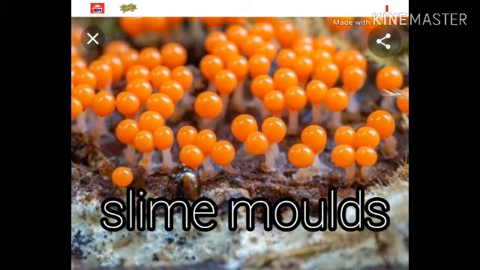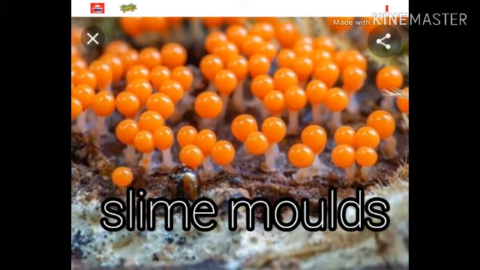Many slime molds are cellular. Slime molds do not spend most of their time in one place. When food is abundant, slime molds exist as single-celled organisms.